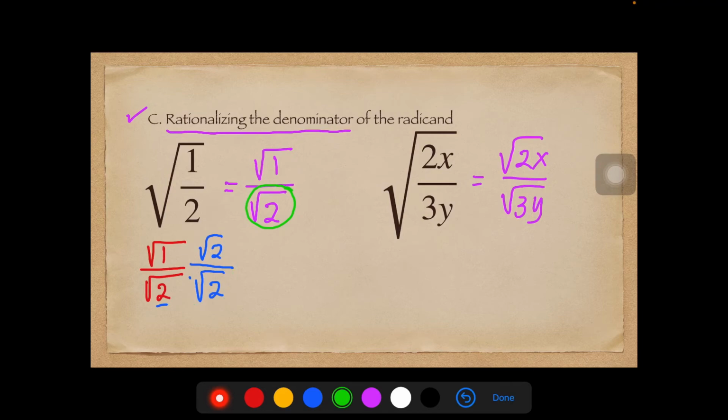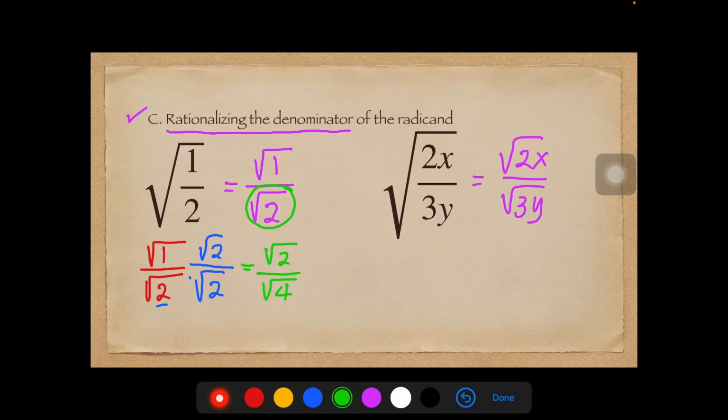Now we do the multiplication we learned in the laws of radicals. Square root of 1 times square root of 2 is square root of 2, then square root of 2 times square root of 2 is square root of 4.